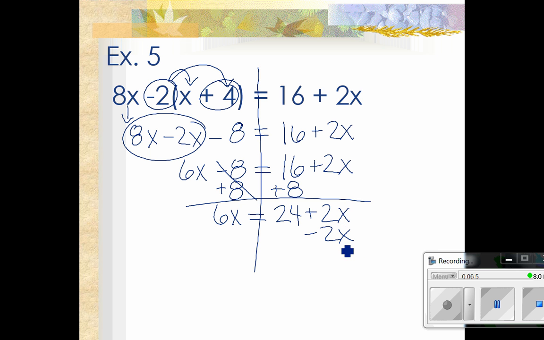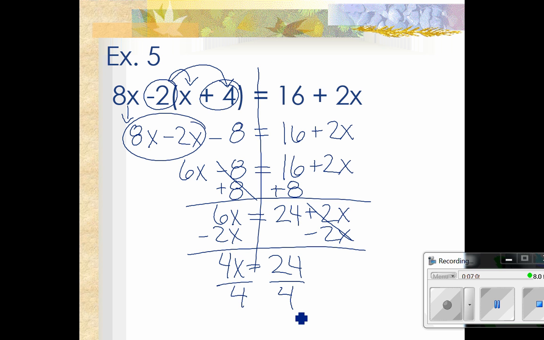To move it, we are subtracting 2x because that is the inverse operation. 6x minus 2x is 4x equals 24. Divide both sides by 4. x equals 6.